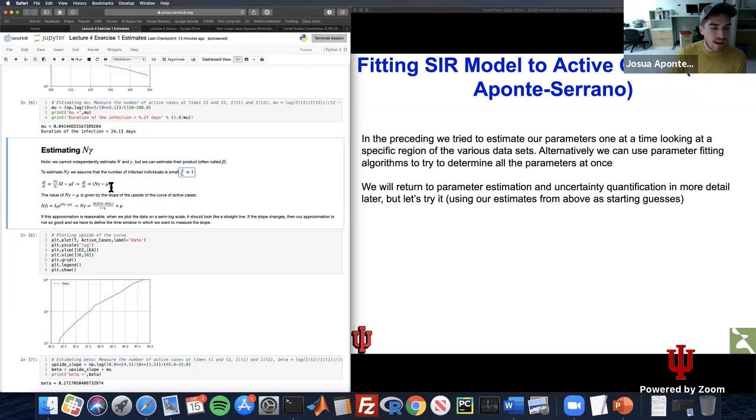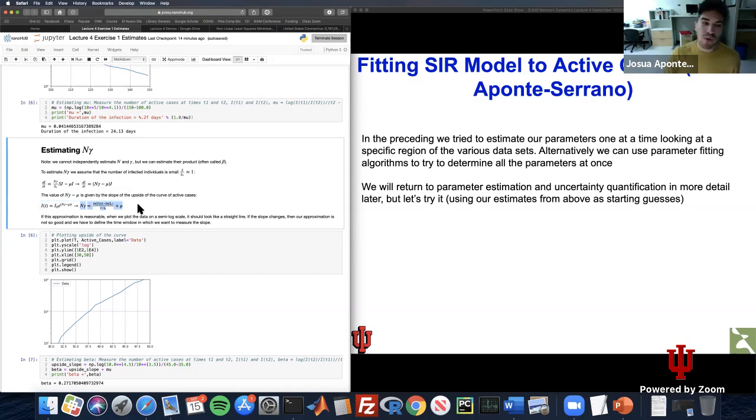And now this is describing an exponential growth, which integrates this way. And then you can solve for n times gamma to get its value.